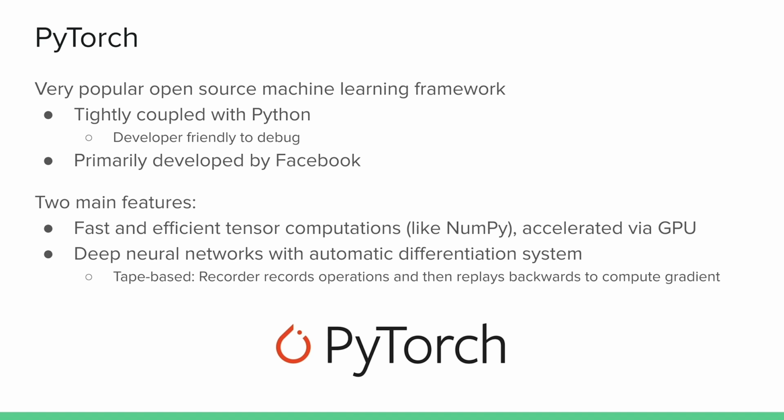And how it does it is it has a tape-based system where it records the operations that it took. So you're running an addition, you're running a multiplication, and it recorded these steps. And when you record and you know that the operation was an addition, you know how to compute the derivative, how to compute the backprop step. So you can replay this to compute the gradient.